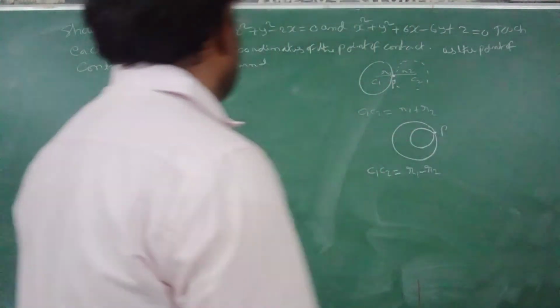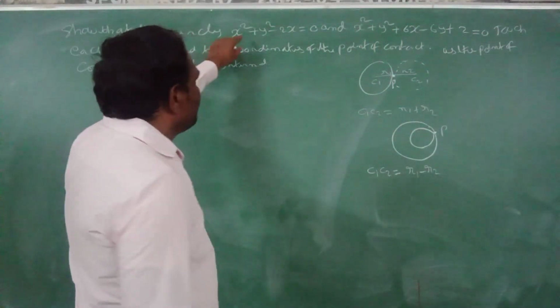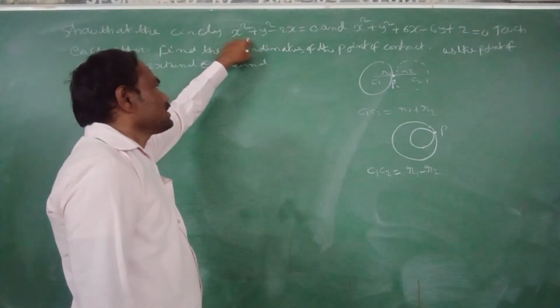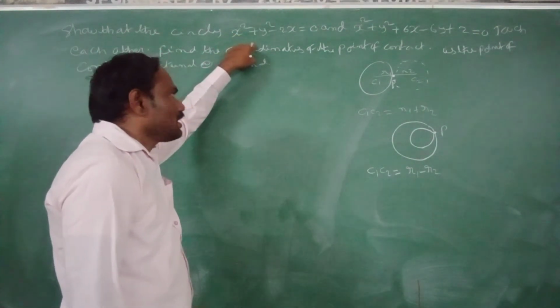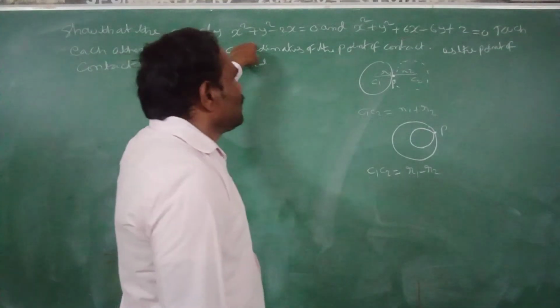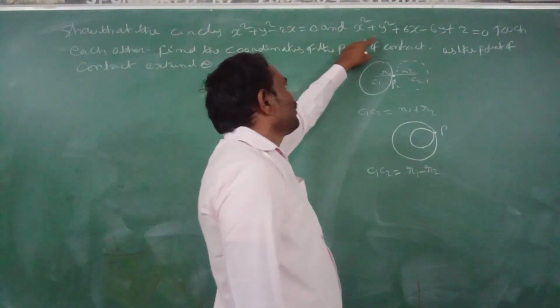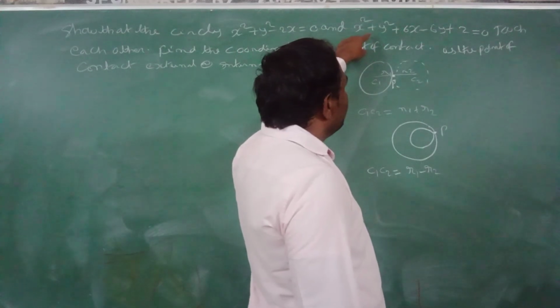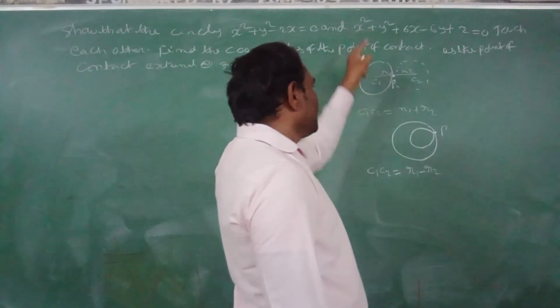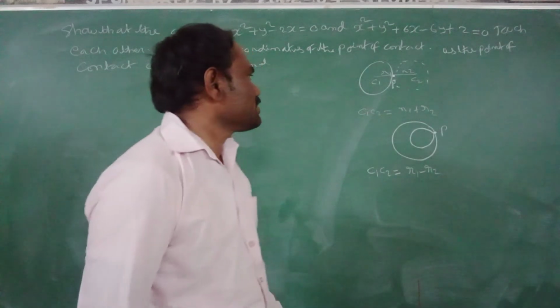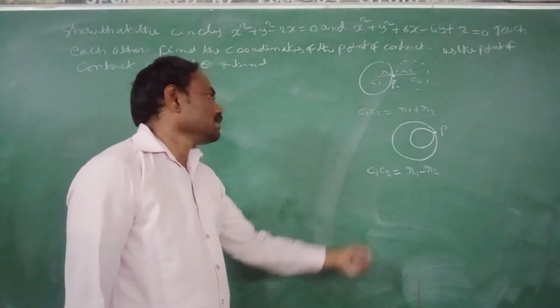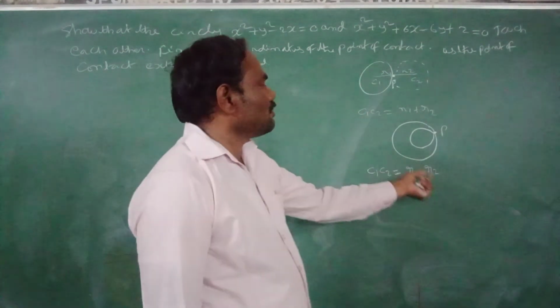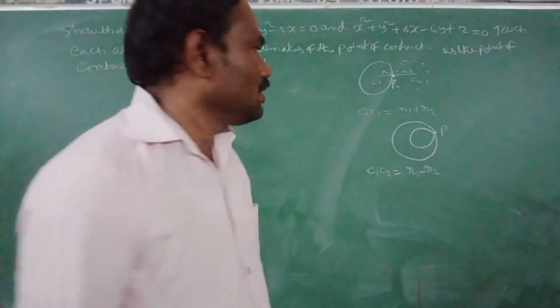So in this problem, first we find the center and radius of the first circle, and the center and radius of the second circle. Then verify these two conditions: C1 C2 is equal to R1 plus R2, or the distance between C1 and C2 is equal to R1 minus R2.